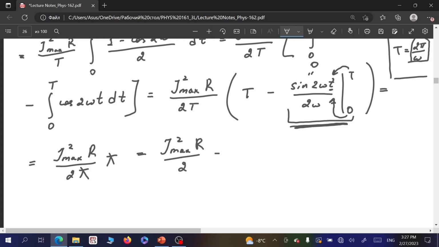So from here, we can get the expression for IRMS.